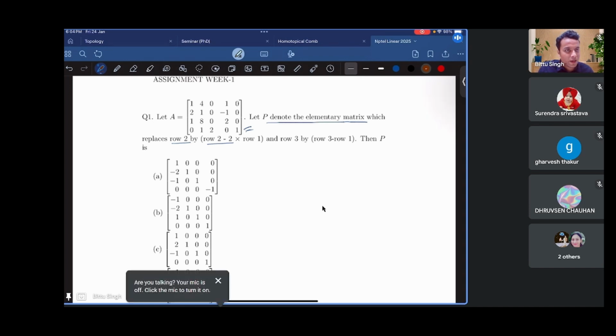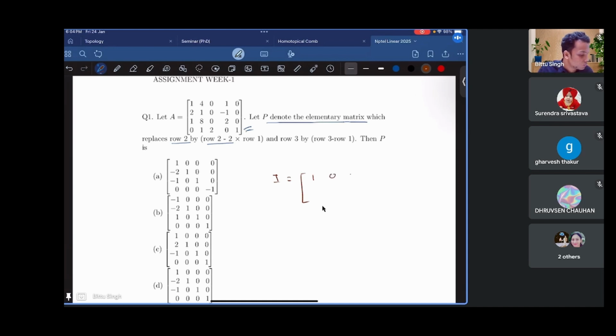So we are applying row reduction. Now if we assume I equal to the identity matrix corresponding to it, we can see it is a 4 by 5 matrix.